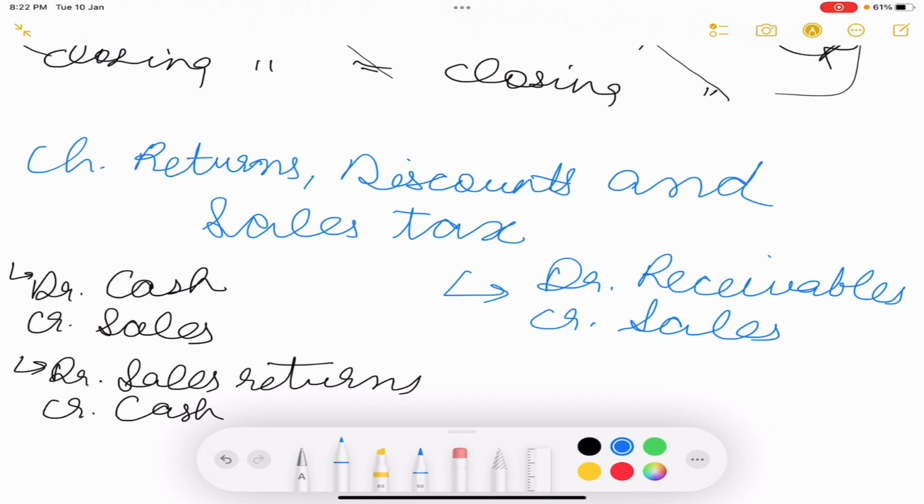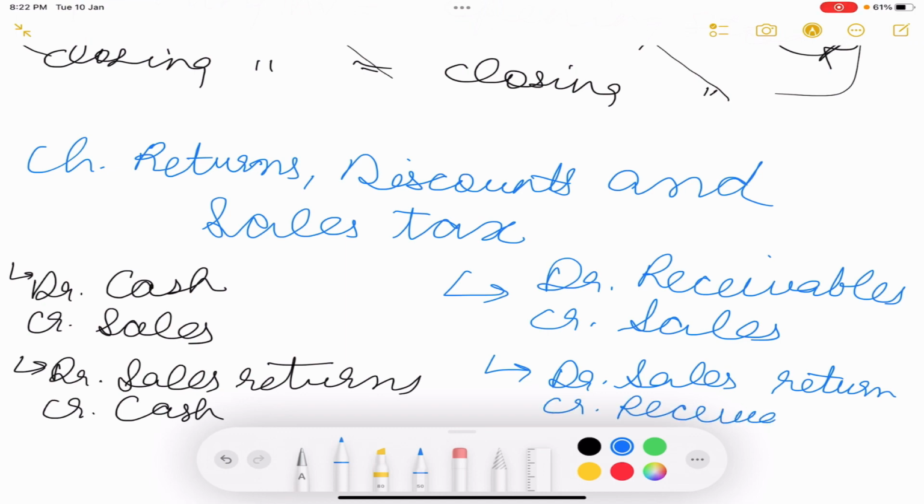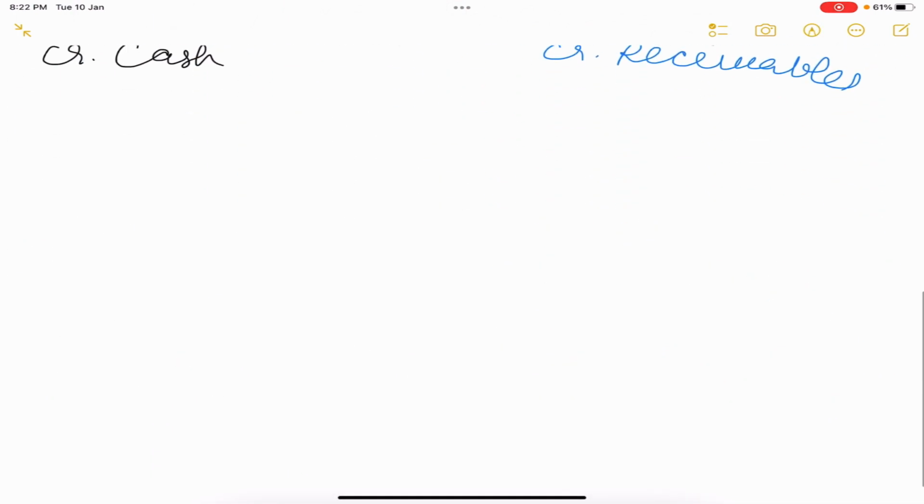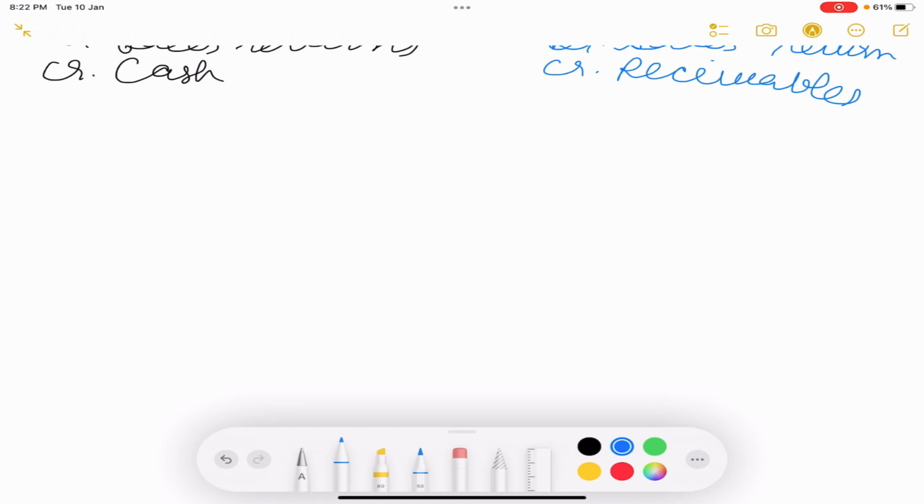And the same way, if you have to do a sales return, it is going to be the reverse. I hope you are clear with these journal entries. Very easy, no doubt. And the same way, if you have to talk about purchases, what will be the journal entry of purchases?